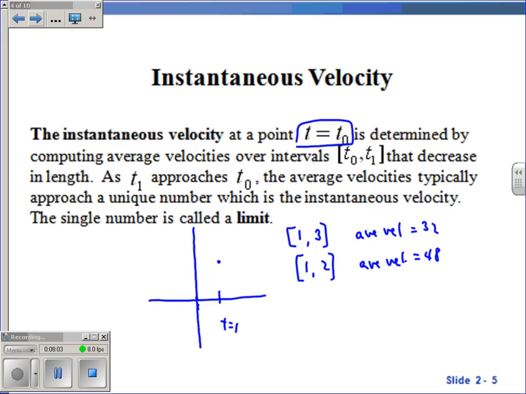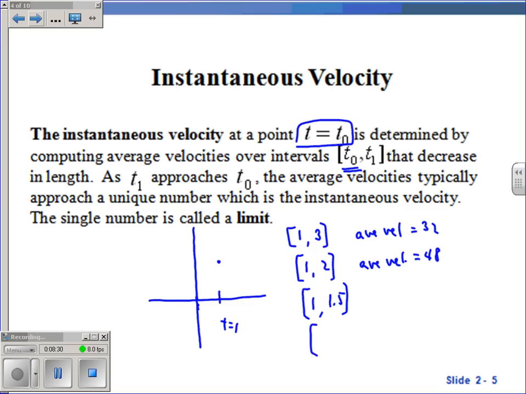Then we're going to keep reducing this interval, always keeping that first point the same. It could be the second point if you want to work on, going from 0 to 1 and then half to 1. But you're going to fix that point and let the second one constantly get closer to the first point. So now I would pick something closer to 1 than 2 was, so let's say 1.5.